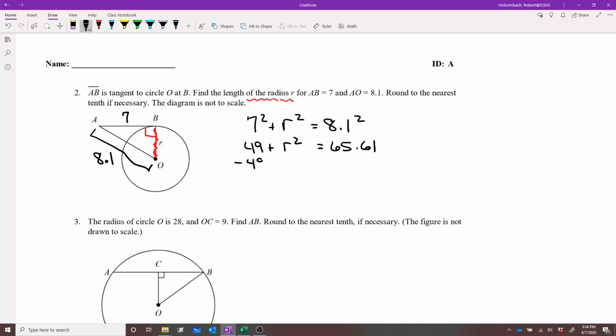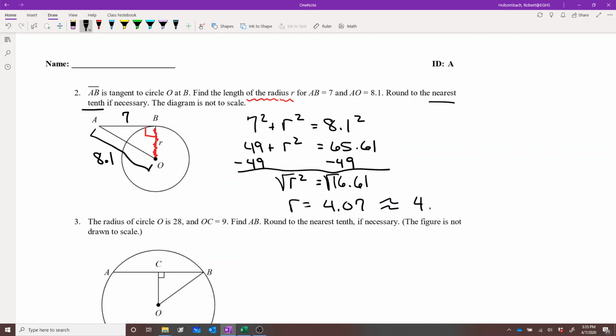And if we subtract 49 from each side, then our r squared is equal to, let me get my calculator out, 65.61 minus 49 is 16.61, and if we find the square root of both sides of that equation, 4.07, or our r is equal to 4.07, which to the nearest tenth is going to be equal to 4.1.